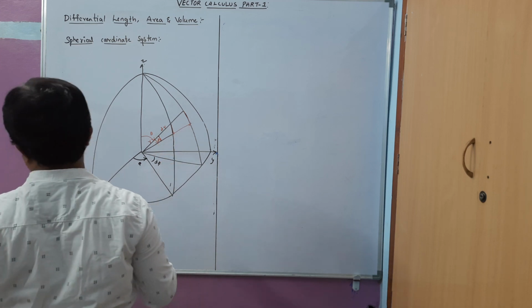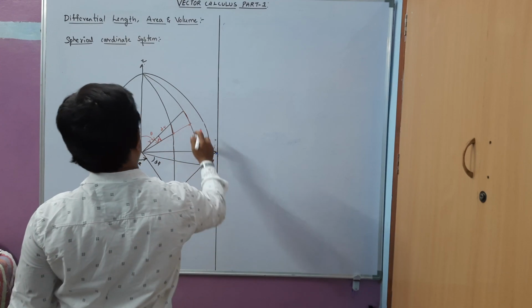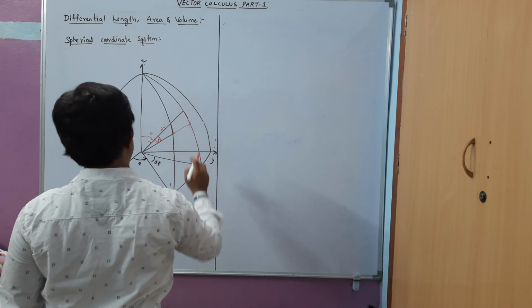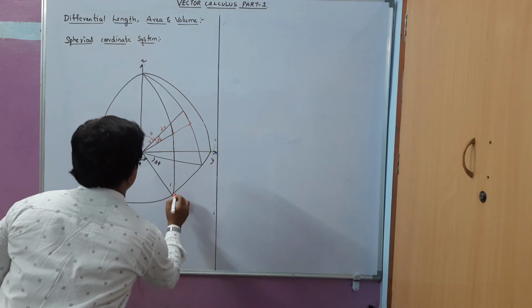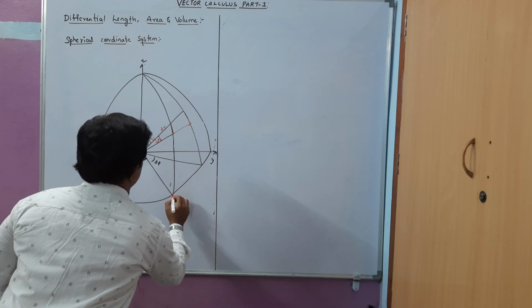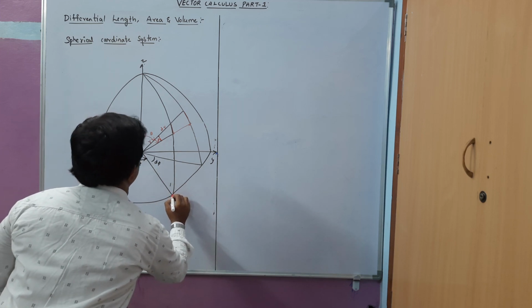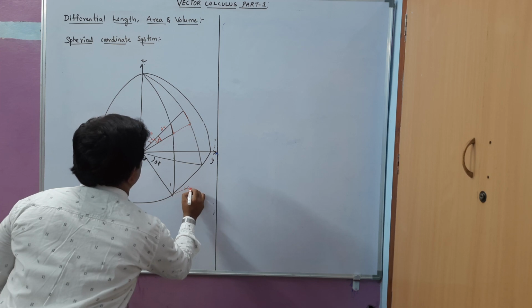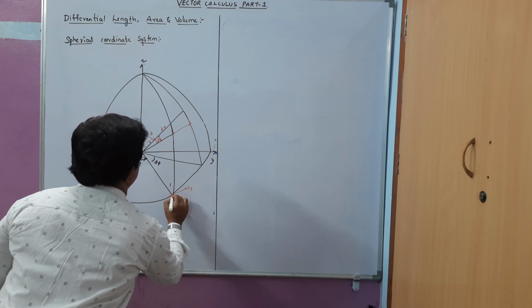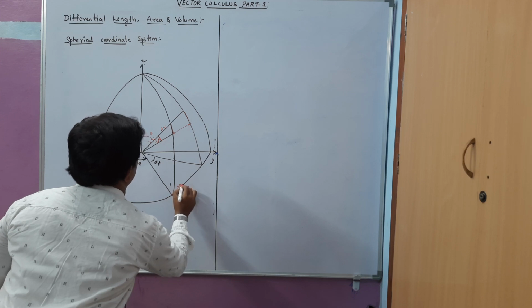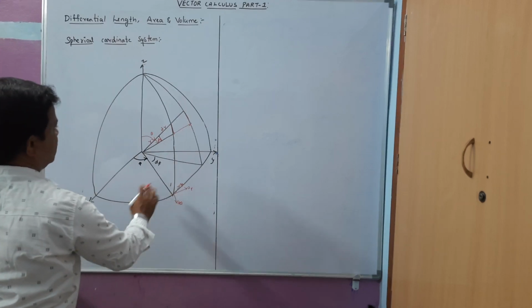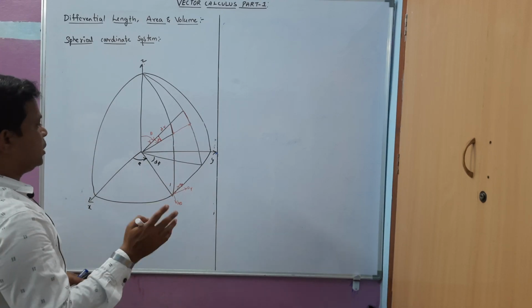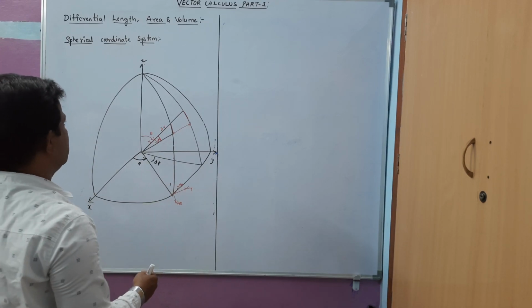Now we have three directions here: ar, a theta, and a phi. So we have three unit vectors, ar, a theta, and a phi, mutually perpendicular to each other.